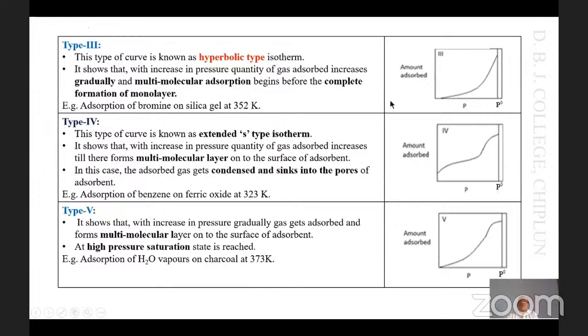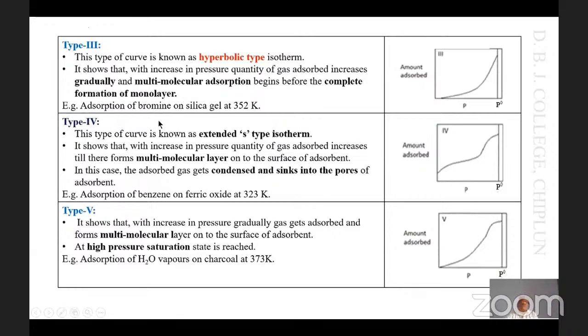The well-known example of this kind of system is adsorption of bromine onto the surface of silica gel at 352 Kelvin.